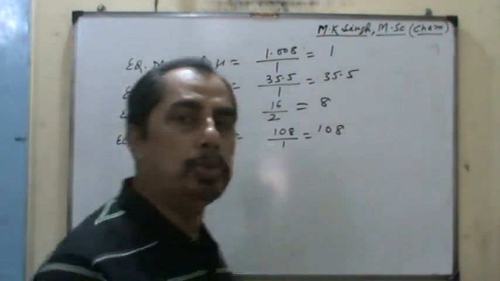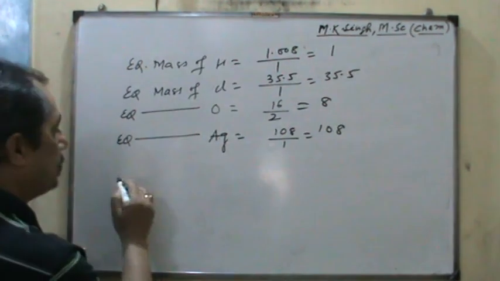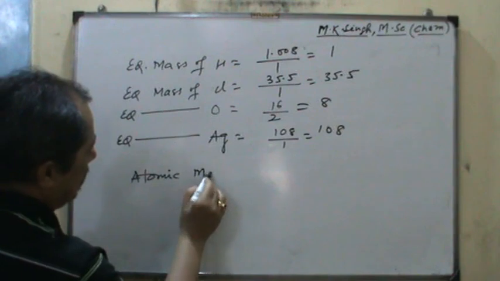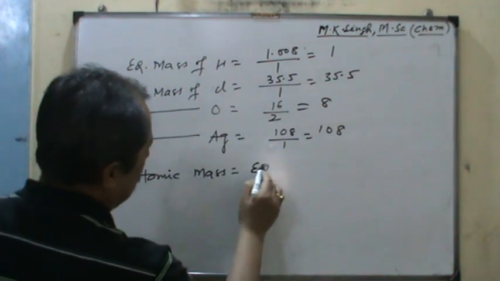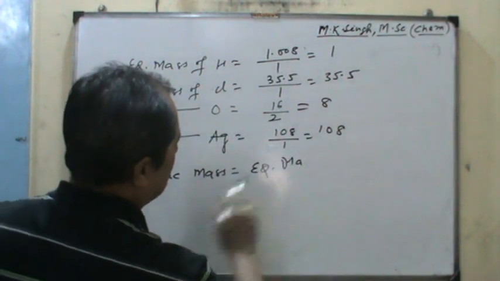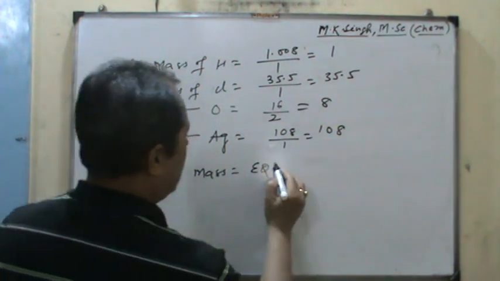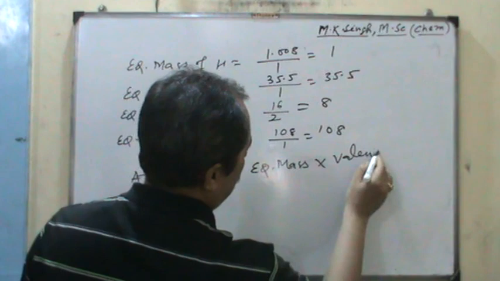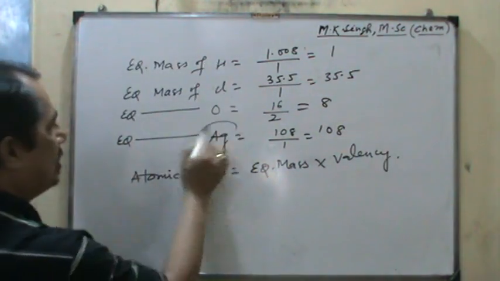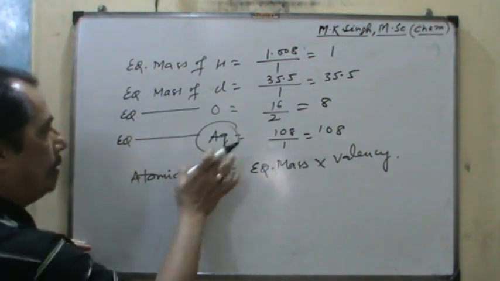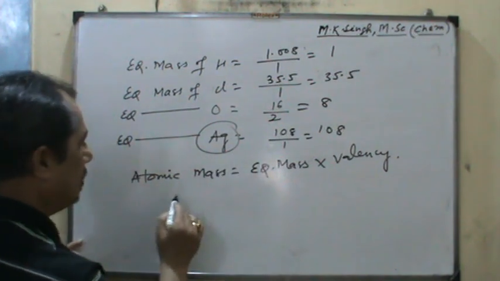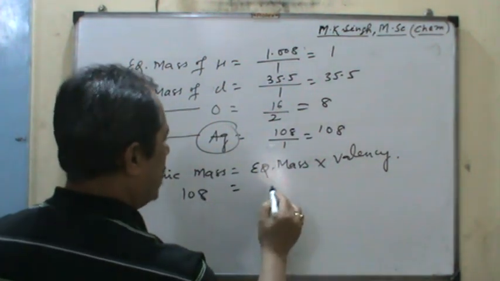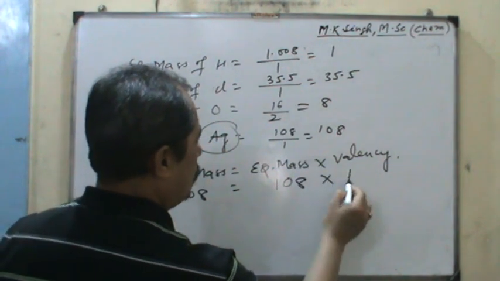That means we have proved that atomic mass is equal to equivalent mass into valency. For example, take the silver. Atomic mass of silver is how much here? 108. And what is the equivalent mass? 108 into 1.